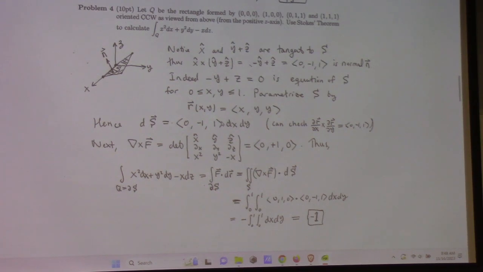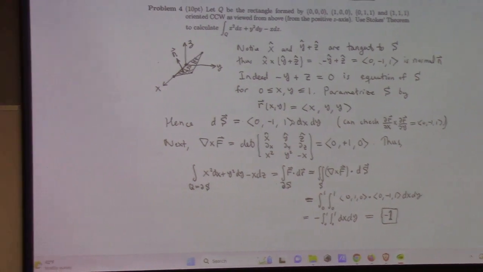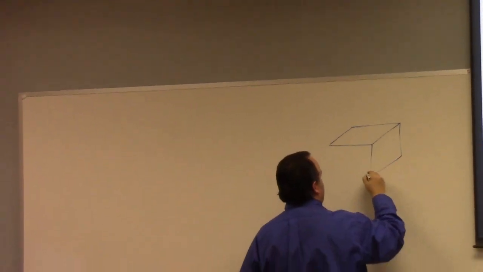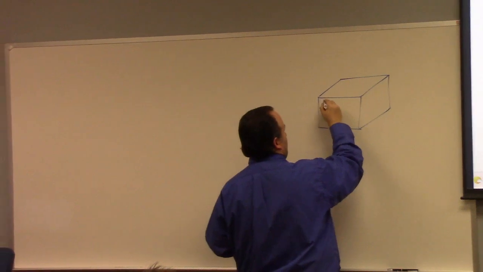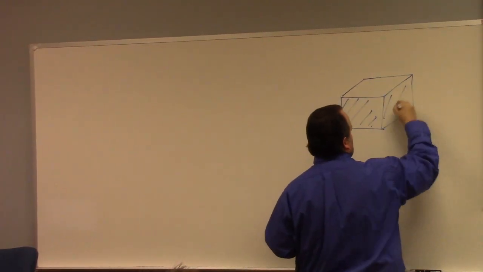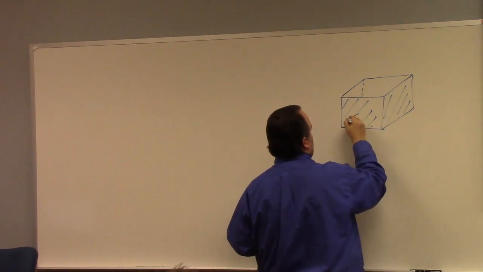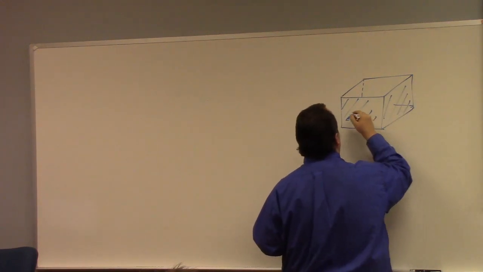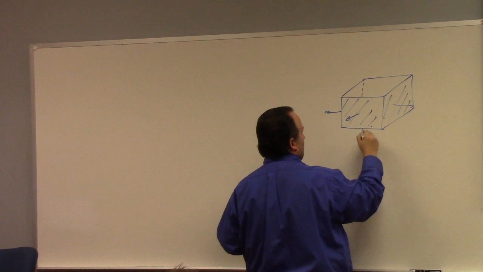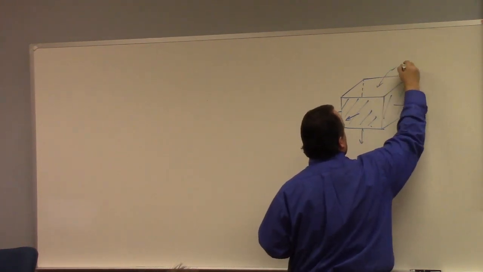How do we think you solve the third problem, though? What's the idea of the third problem? Solve it for the whole box and then subtract the top. Yeah, solve it for the whole box and then subtract the top is the right idea. So basically, you're trying to find the flux through all these faces, right? And this is empty up here.